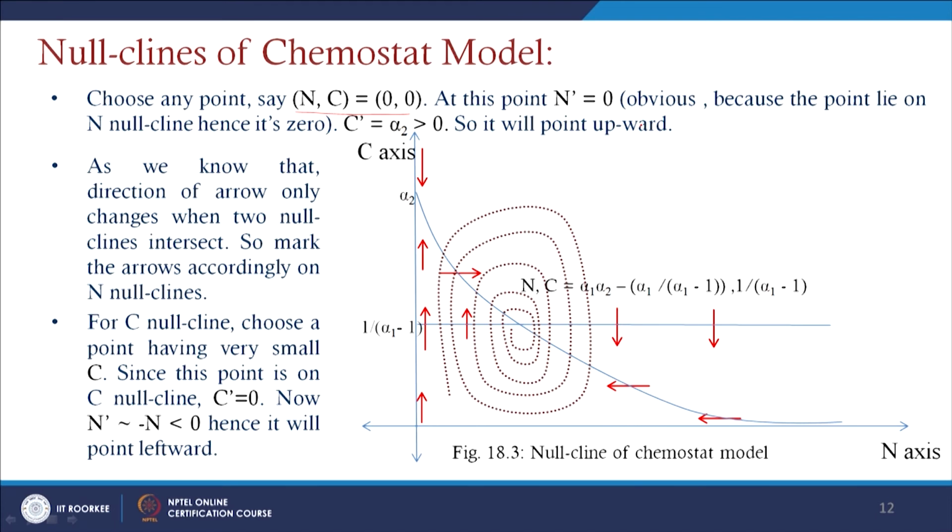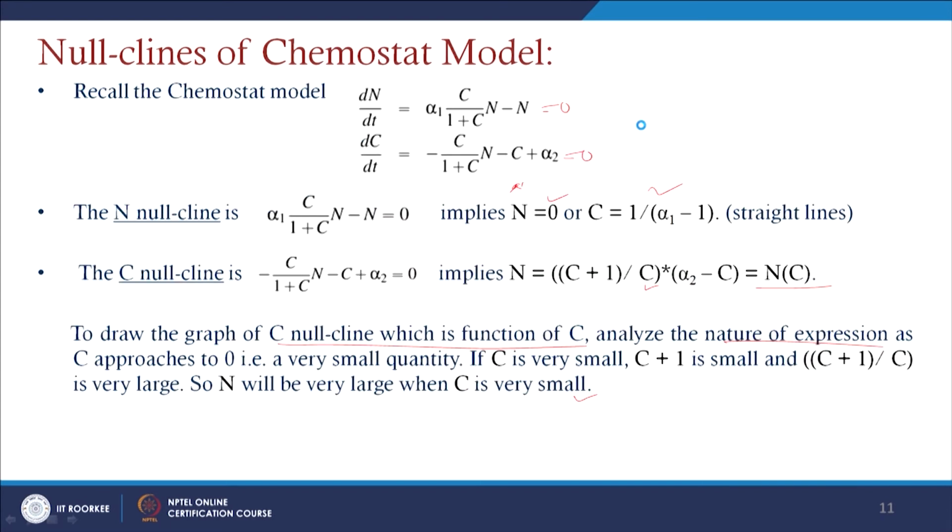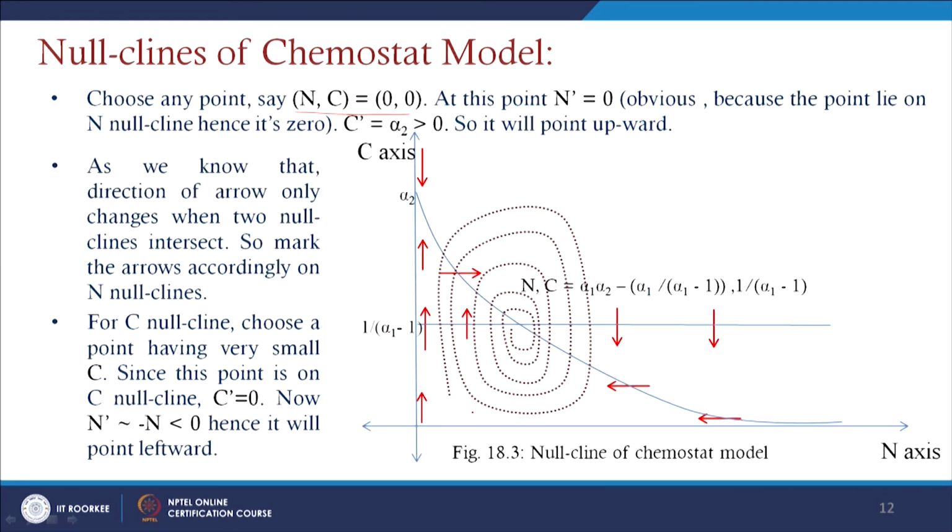And as we know, the direction of the arrow only changes when two null lines intersect. Since we have these null lines, in the form of n, c, then we have another one, that is n, c equals alpha 1 alpha 2 minus alpha 1 by alpha 1 minus 1, and 1 by alpha 1 minus 1 here.